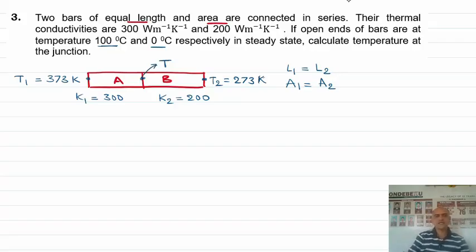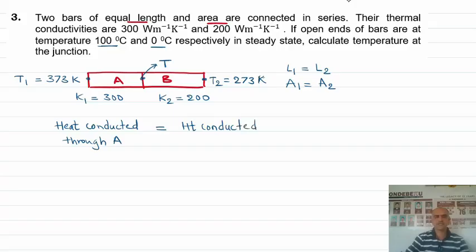So again by the law of thermal conductivity, heat conducted through A is equal to heat conducted through B. Whatever heat goes from A to B goes onward through B. Here we are not considering other modes of heat transfer. Now I will substitute the formula.